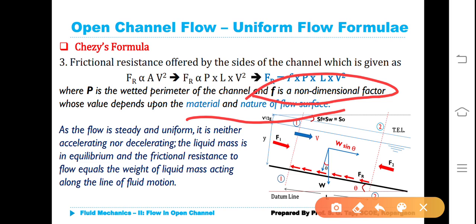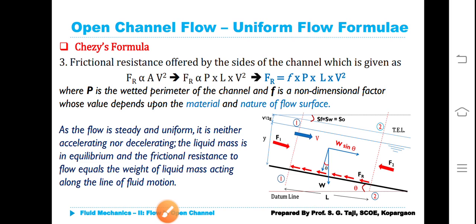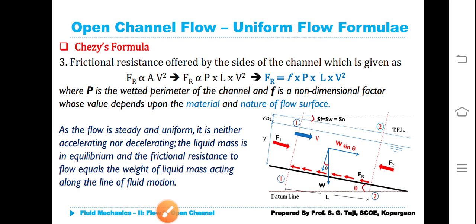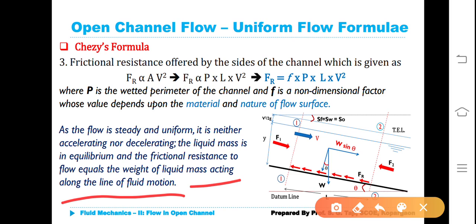As the flow is steady and uniform based on our assumptions, it is neither accelerating nor decelerating. The liquid mass is in equilibrium, and the frictional resistance to flow equals the weight of liquid mass acting along the line of fluid motion.